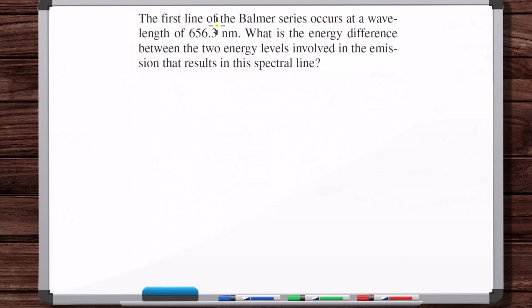The first line of the Balmer series occurs at a wavelength of 656.3 nanometers. What is the energy difference between the two energy levels involved in the emission that results in this spectral line? Yeah, so with this formula representing the energy level of an electron around a hydrogen atom, the whole idea was that electromagnetic radiation is emitted if an electron transitions from one energy state to another.